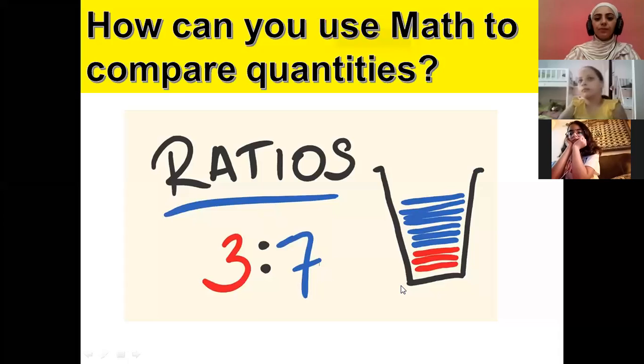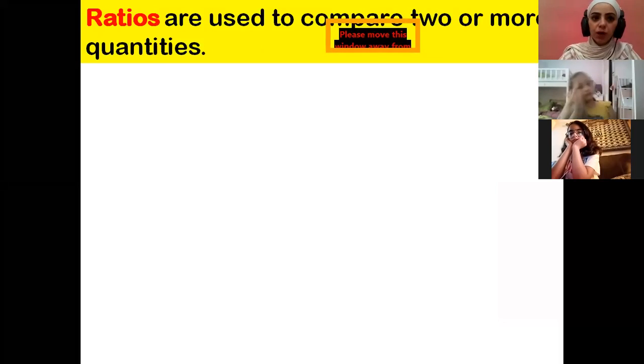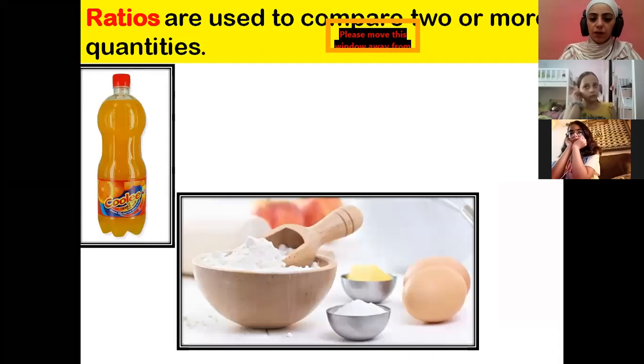So here, we have ratio and proportion. It's comparing, like here you have this sheep, inside there are blue and red things. We're comparing the part of the blue to the part of the red, or red to blue. So ratios are used to compare two or more quantities, like the ingredients.